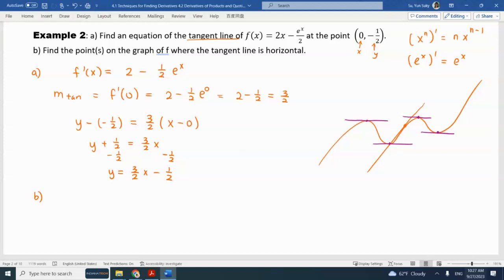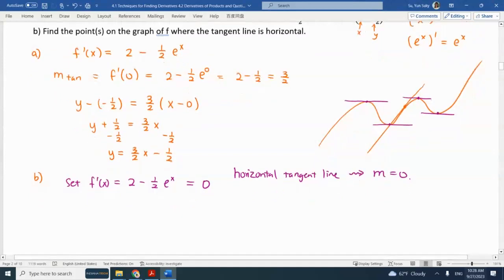Horizontal, slope is 0. Okay? So we set the derivative, which is 2 minus 1/2 e to the x, equal to 0, because horizontal tangent line means the slope is 0. Okay? And solve for x.